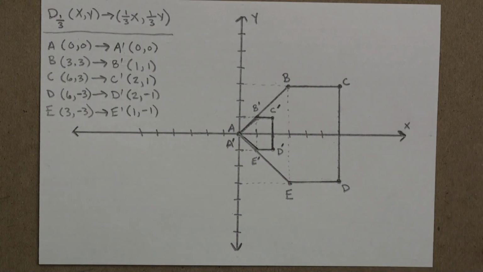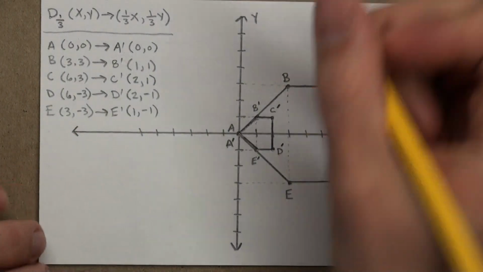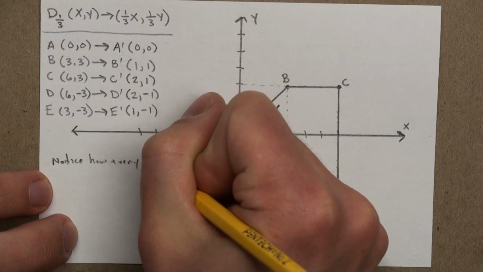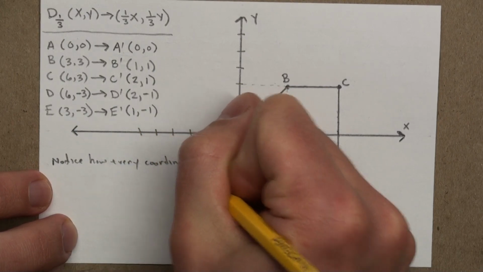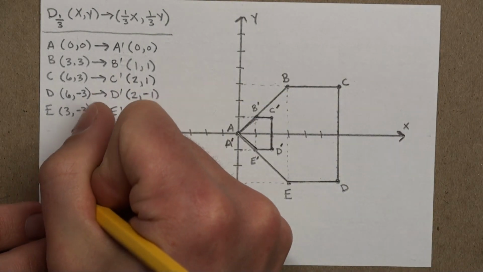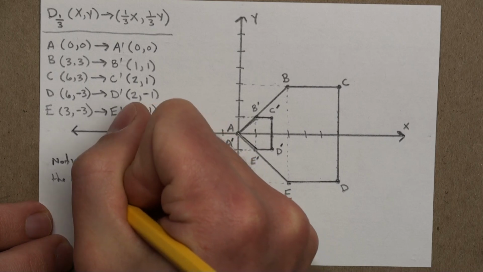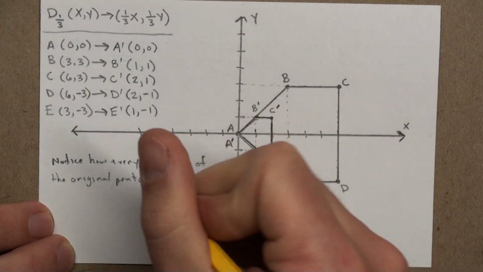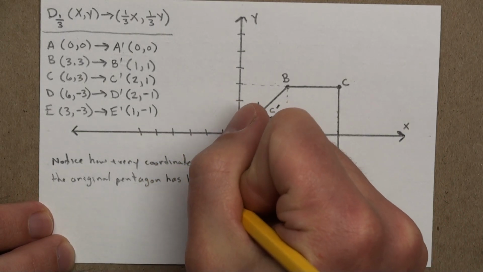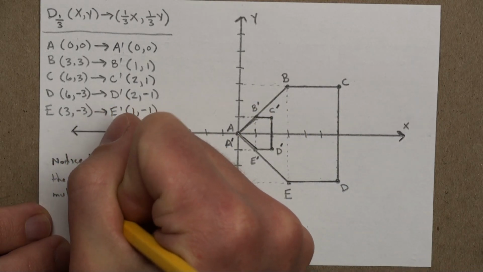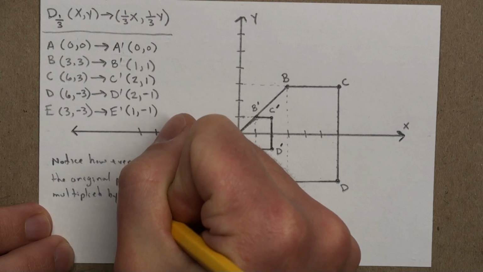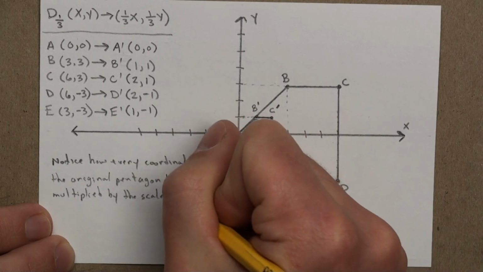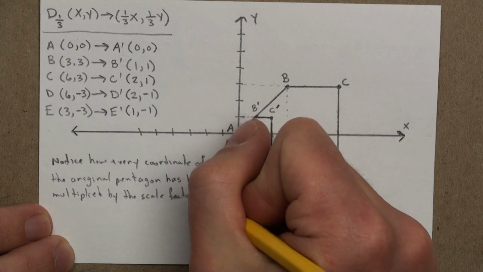So let's put a little statement here also. Notice how every coordinate of the original pentagon has been multiplied by the scale factor, one-third.